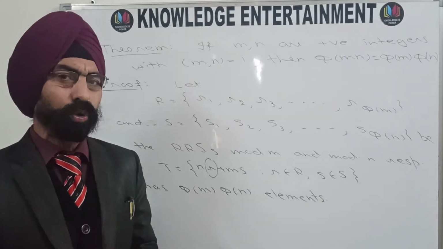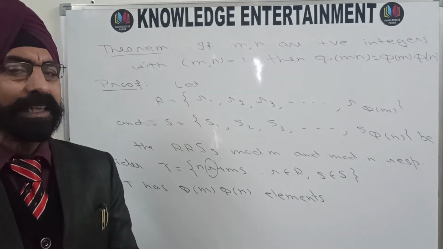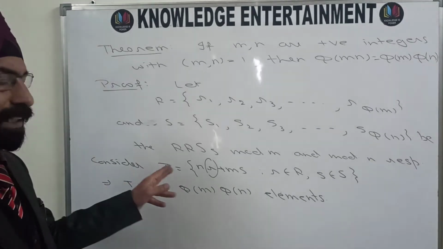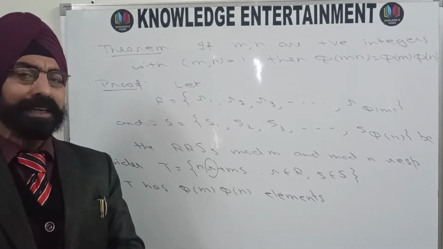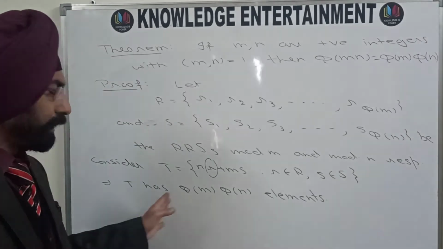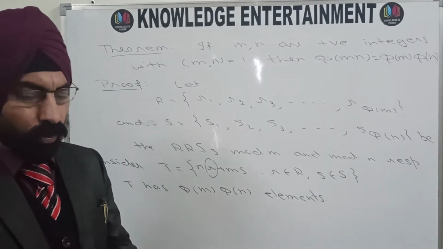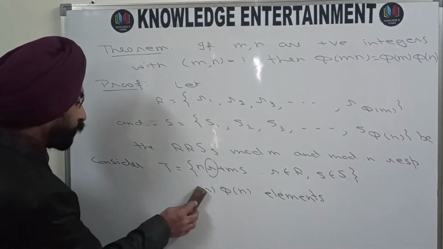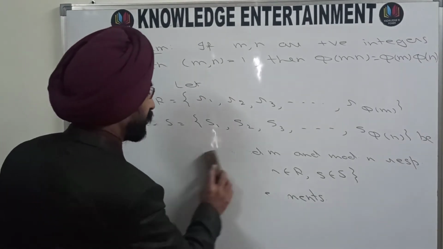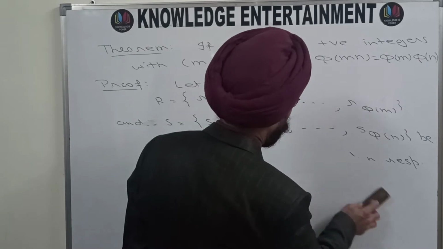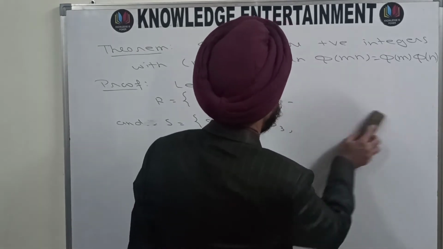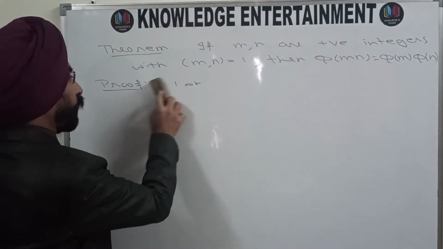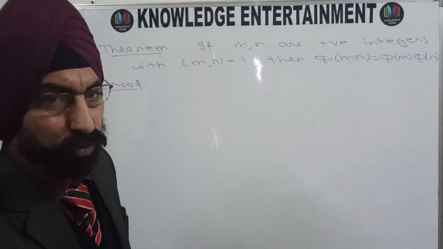These three things we will show, and by showing these three things, it will be clear that T is a reduced residue system modulo mn, and that will make phi mn equal to phi m phi n. So now I am going to prove the three things that I have just told you, following the line of proof.